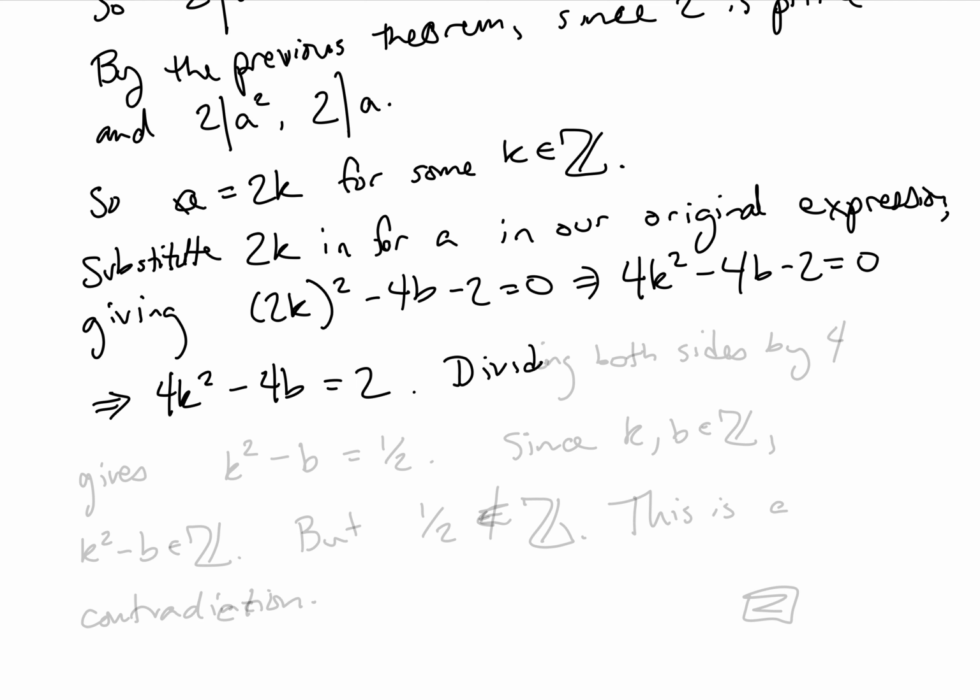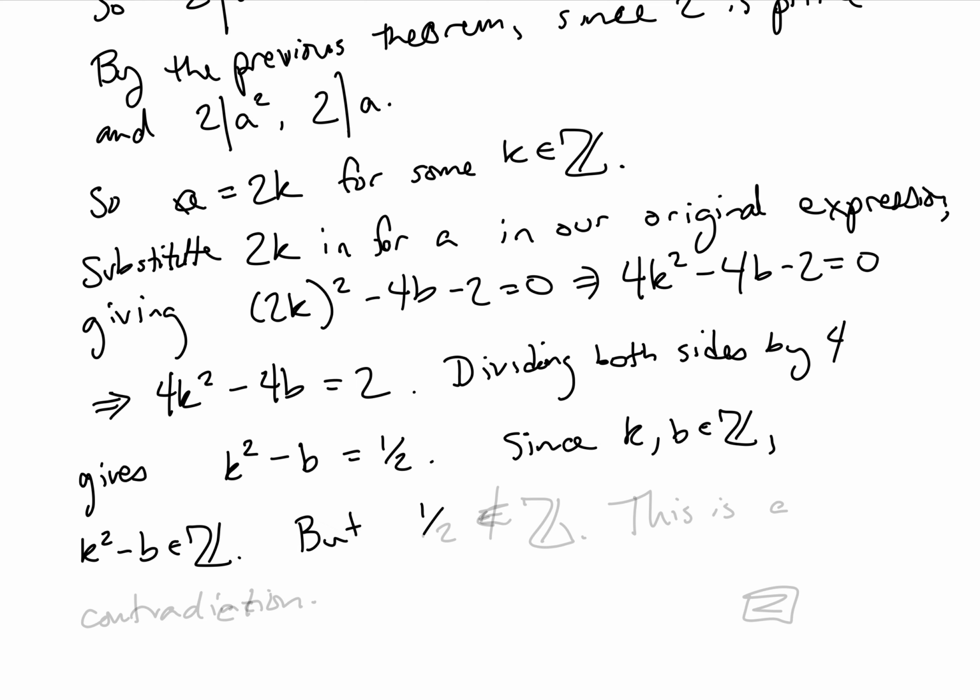Dividing both sides by 4 gives k squared minus b is equal to 1/2. Since k and b are in the integers, k squared minus b is in the integers, but 1/2 is not in the integers.